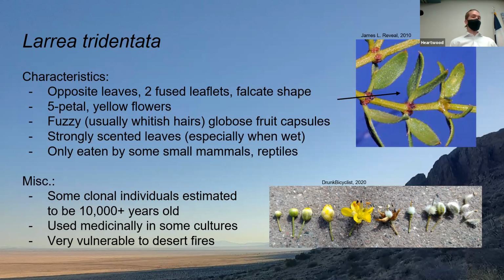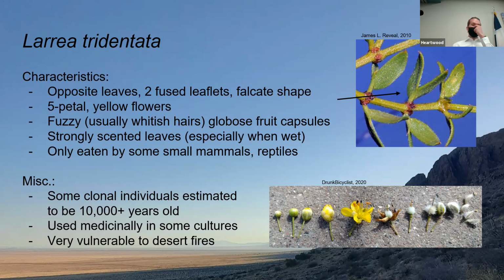It has 5-petal yellow flowers and fuzzy whitish haired globose fruit capsules. And whenever it rains in the desert, it has really strongly scented leaves, although this is rare and I didn't really get to experience it.